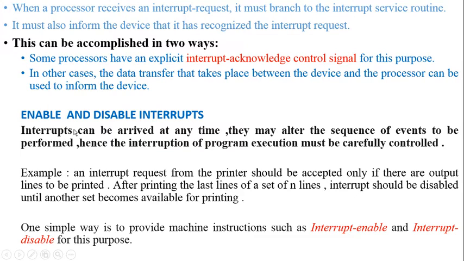Next is about enabling and disabling interrupts, that is, enabling and disabling interrupt requests. Interrupts can arrive at any time. They may alter the sequence of events to be performed. Hence, the interruption of a program execution must be carefully controlled.